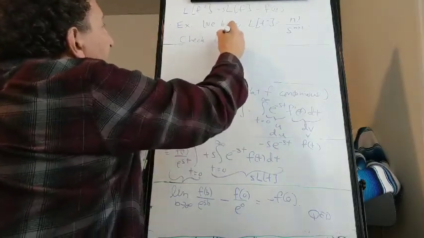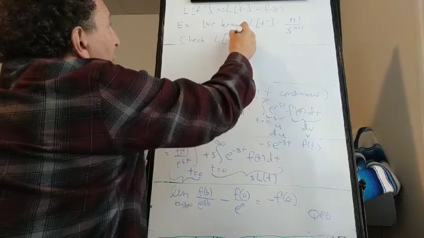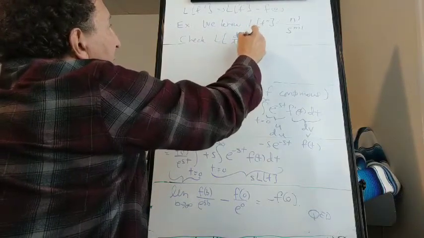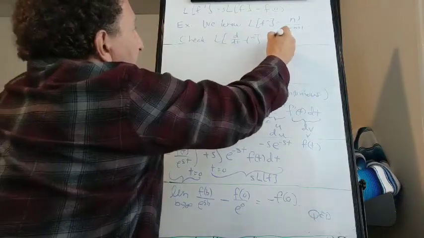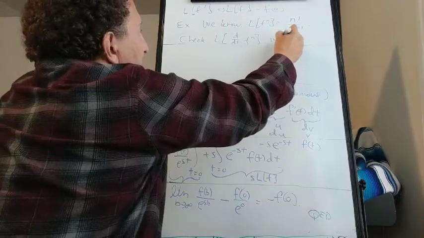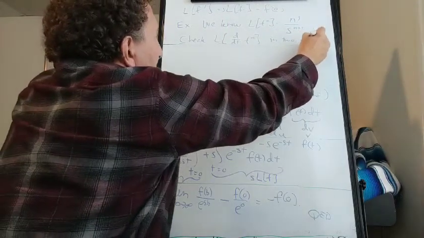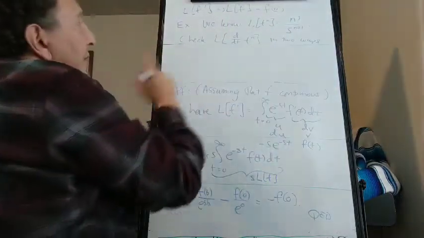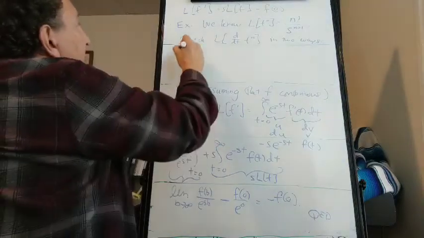Let's check the Laplace transform of the derivative of t to the n in two ways. So the derivative is easy enough to take.